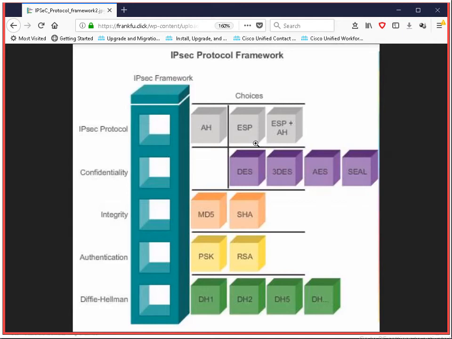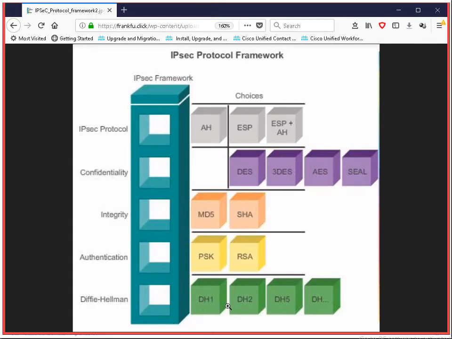But this is what I mean by a framework of protocols. You can choose what you want for confidentiality, and what you want for message integrity. You can choose what you want for authentication, whether it's pre-shared key or RSA, which stands for Rivest, Shamir, and Adleman, but it's basically PKI, public key infrastructure, digital certificates. DSA is probably another box that should be here. And then there are very different flavors of SHA as well.